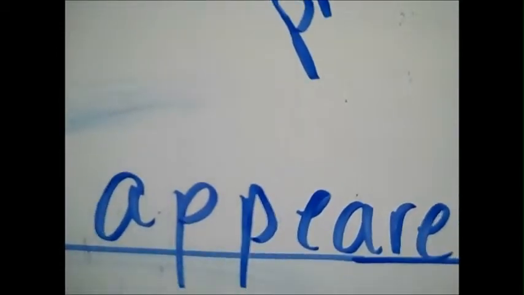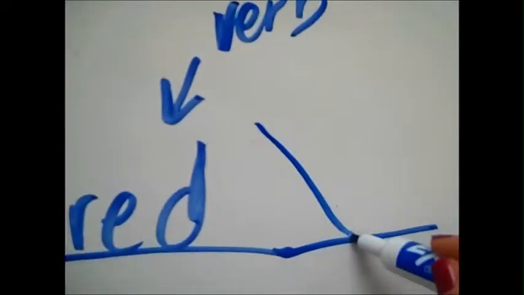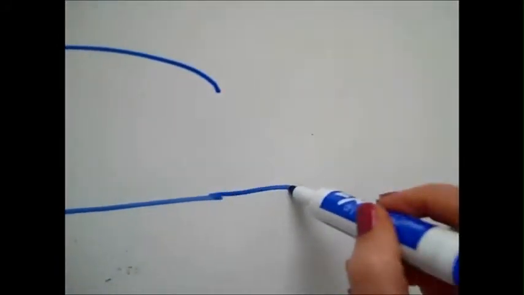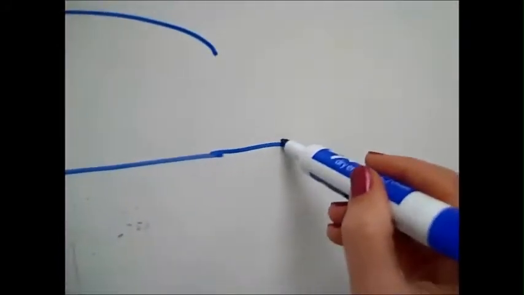And now we're going to use a diagonal line to indicate that we are going to have an adjective in this space. Not just one adjective, we're going to have two.